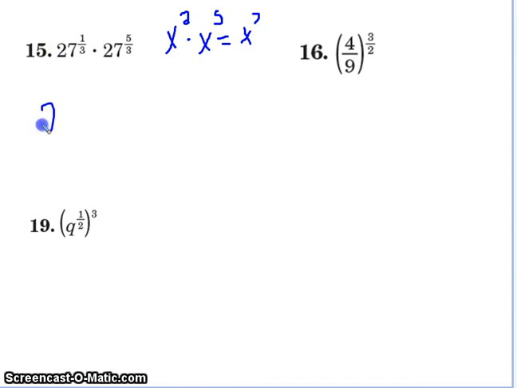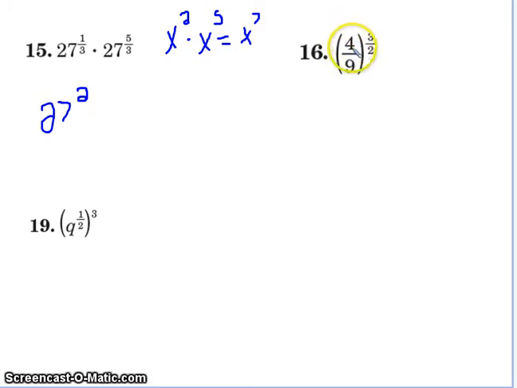So this would be 27, and if you have 1/3 plus 5/3, that is actually 6/3. If you have 6/3, that simplifies to 2. So it's 27 squared. You guys can figure that one out.